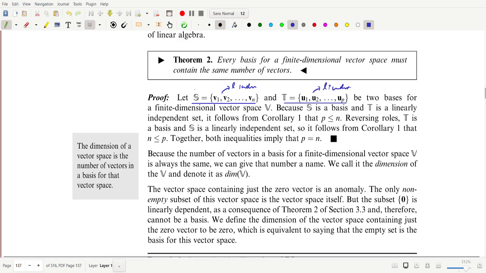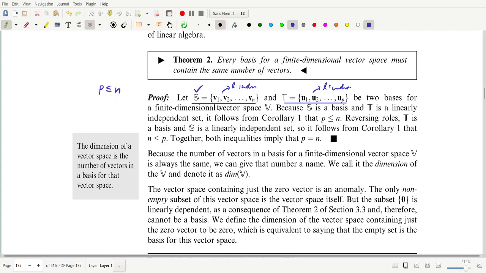First of all, you take this as a basis, and using the previous corollary, any linearly independent set contains fewer elements than this set. So first you take this as a basis, and this is a linearly independent set, so we can say that P is always less than or equal to n.